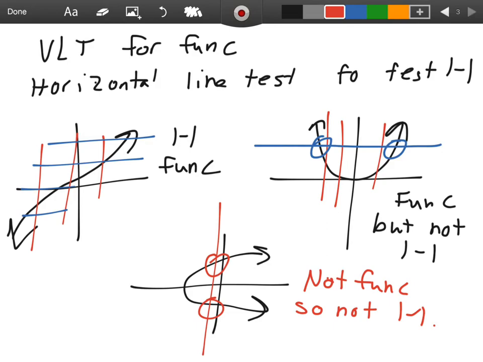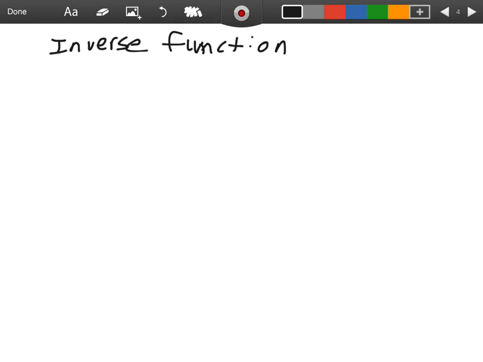Okay? So, why do we need to know if something's 1-to-1? This whole lesson's about inverse functions. Okay?